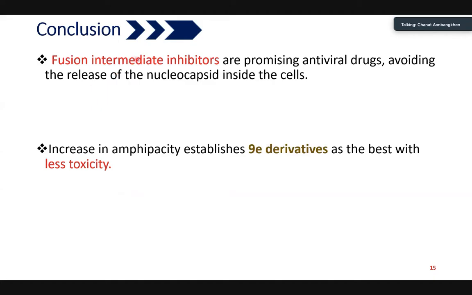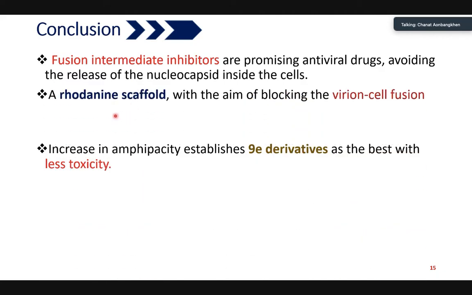The rhodamine scaffold can be regarded as fusion intermediate inhibitors because they stop the release of the nucleocapsid of the virus into the cell. The rhodamine scaffold helps in blocking the virus-cell fusion.